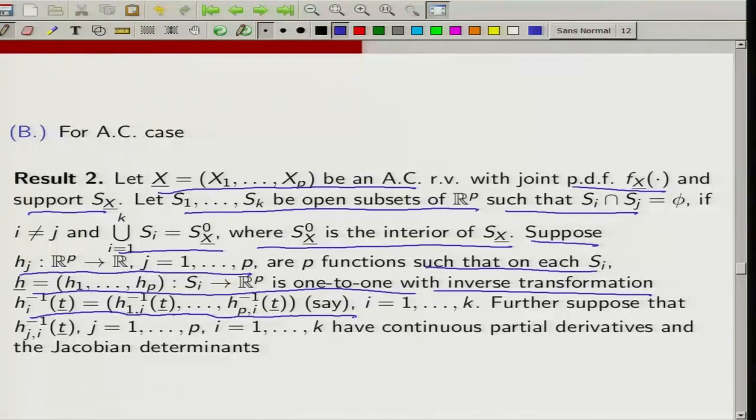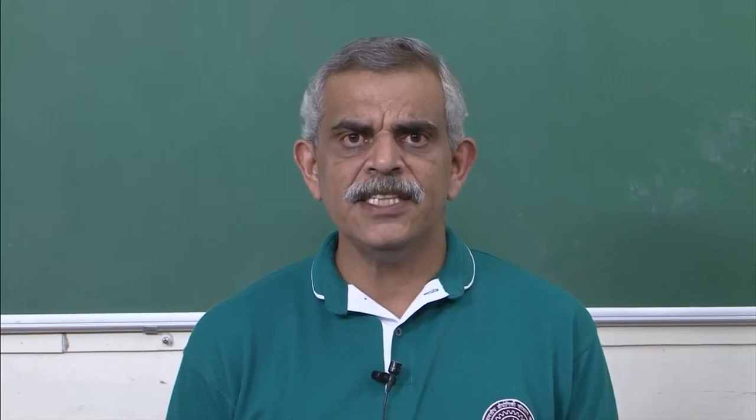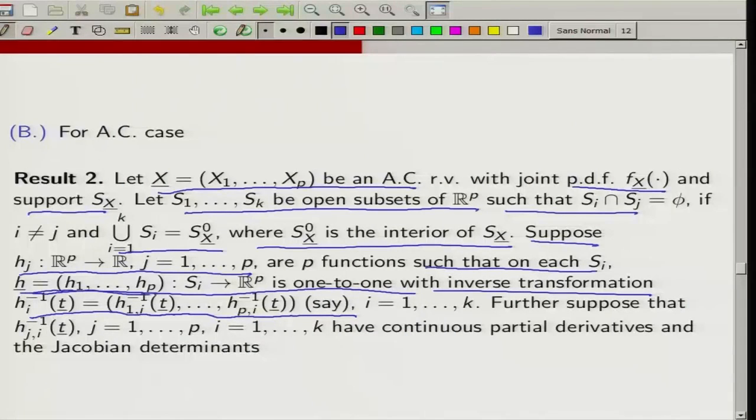So, the interior of the support is a union of k disjoint open sets, and in each of these open sets, my transformation H = (H1, H2, ..., Hp) is 1 to 1 with inverse transformation given by Hi inverse t.